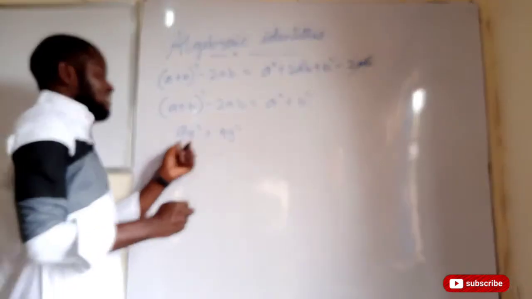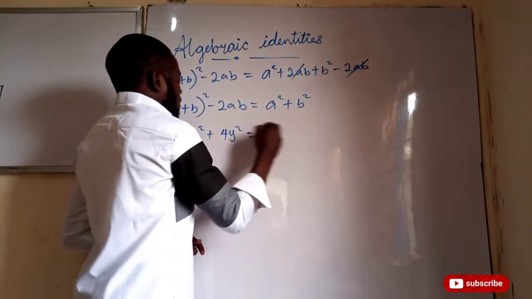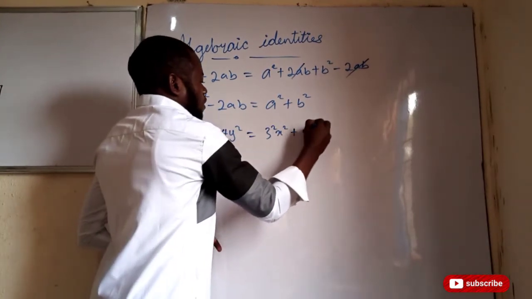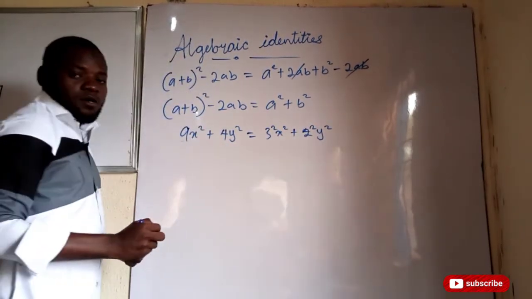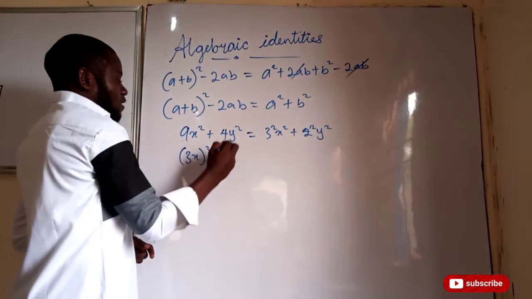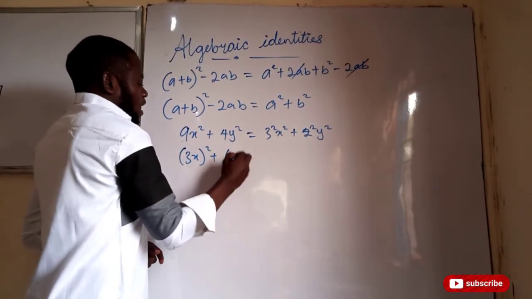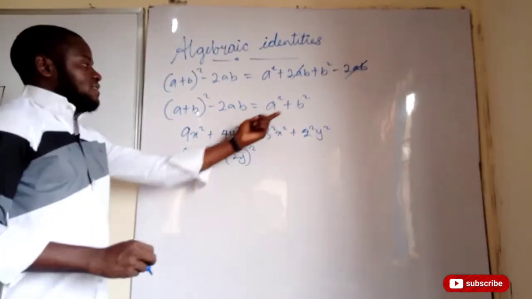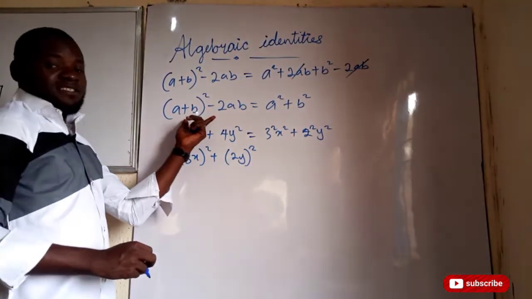Because I can rewrite 9 as 3², then x² plus 2² and y². So this can be the same thing as saying (3x)² + (2y)². So this is exactly like this. Hence, the result to this is going to be this.